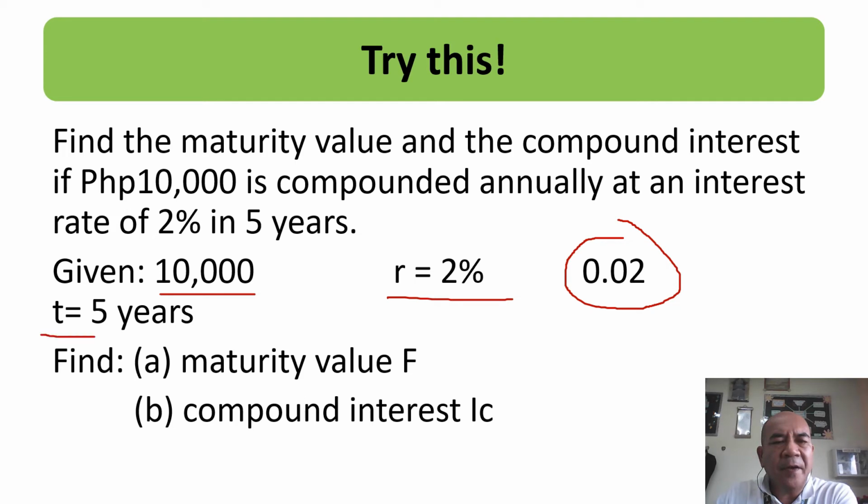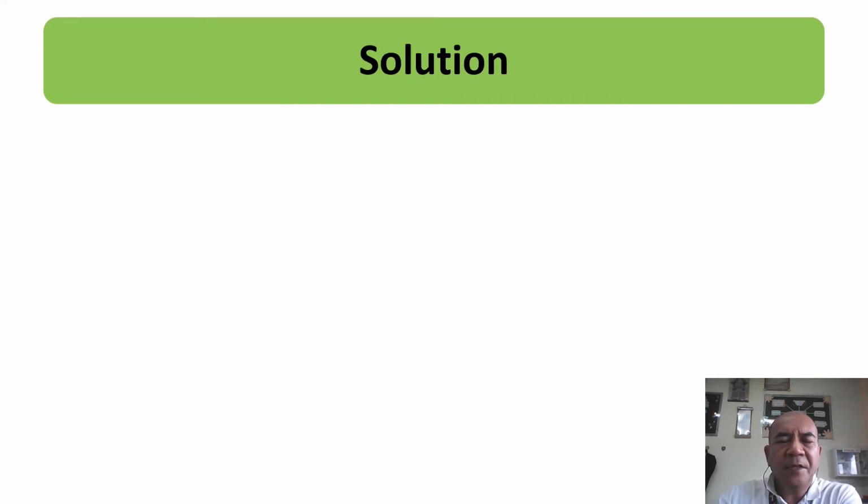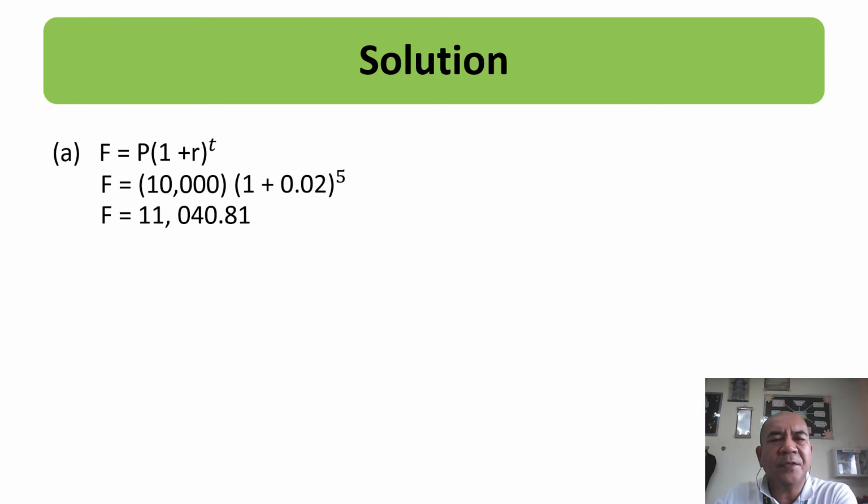And the T is 5 years. So to find the maturity value and the compound interest, all you have to do, my friend, is to use the formula F is equal to P times 1 plus R raised to T. So you simply substitute the value of P, which is 10,000, times 1 plus 0.02, the rate, raised to 5, which is the years.